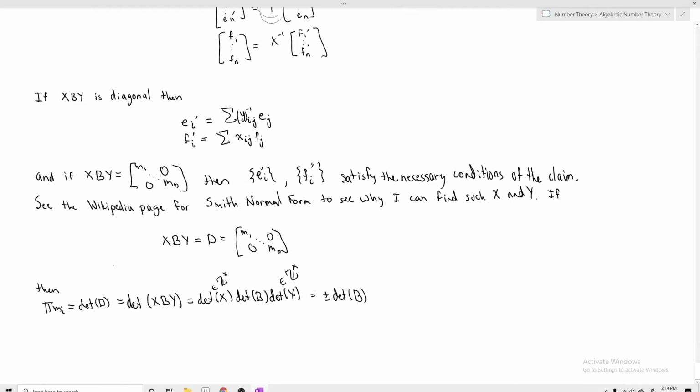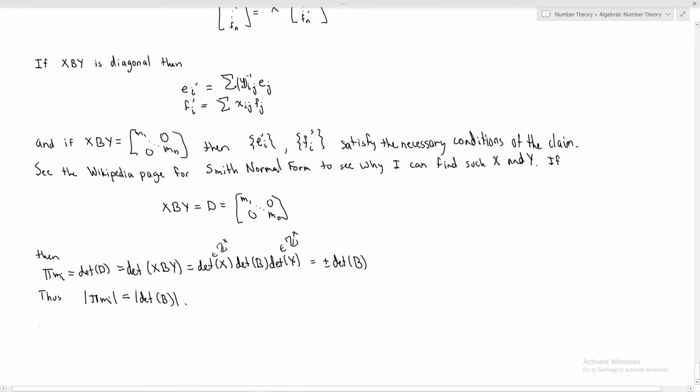Thus the absolute value of the product of these m_i's is equal to the absolute value of the determinant of B. So I claim now that this product of the m_i's is also equal to the desired index.